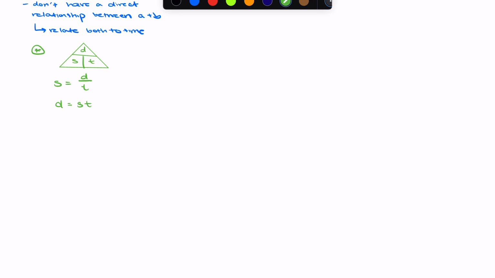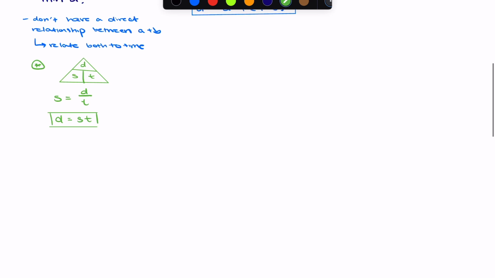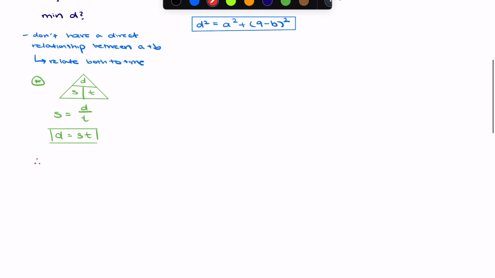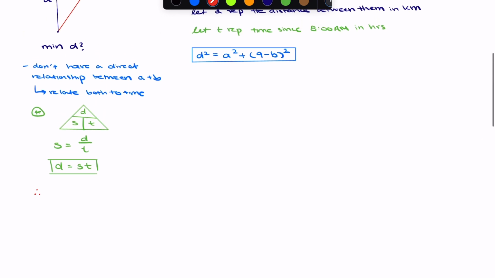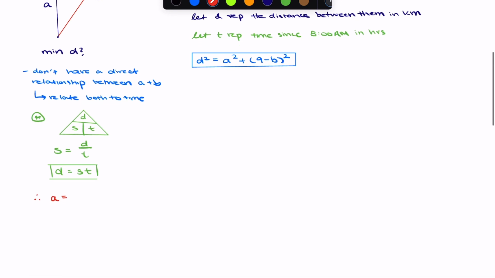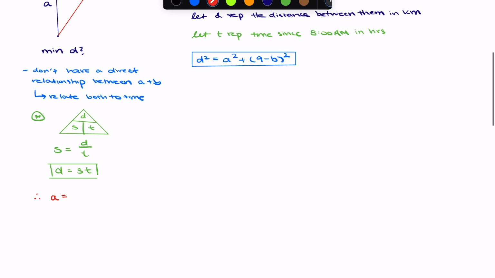We know that distance is equal to speed times time. And therefore, in this situation, A, the distance, is equal to the speed, which is 8 kilometers per hour, times time.